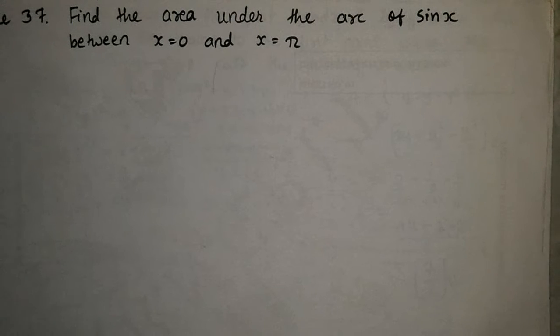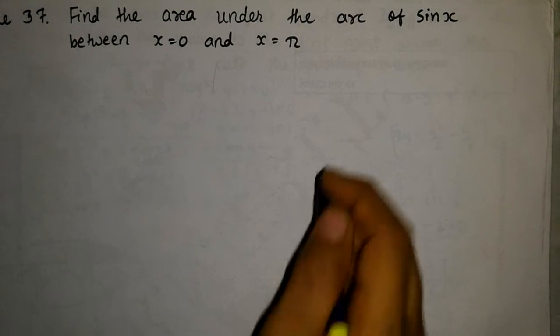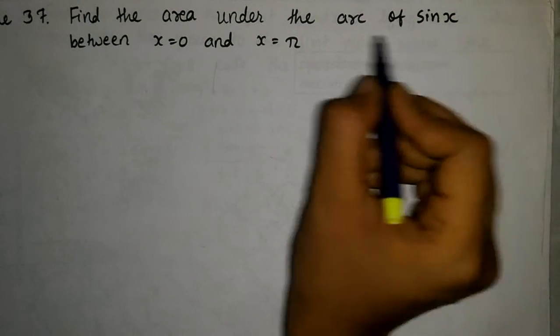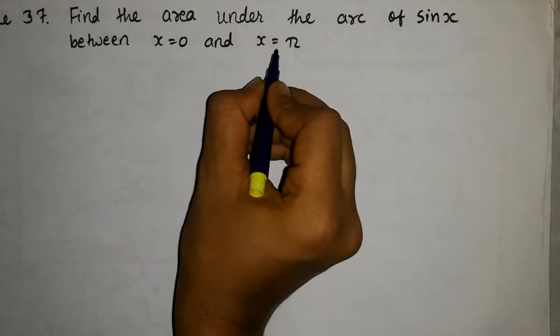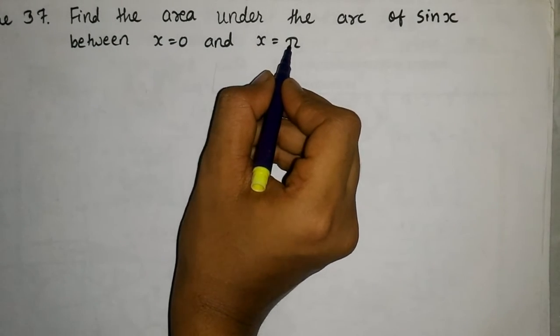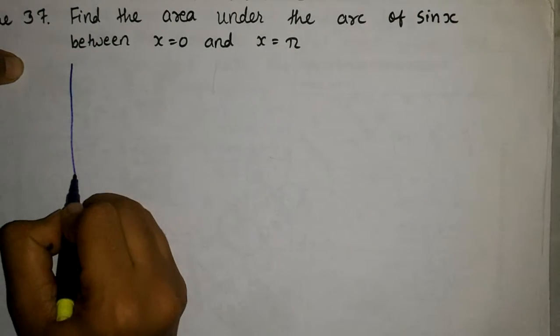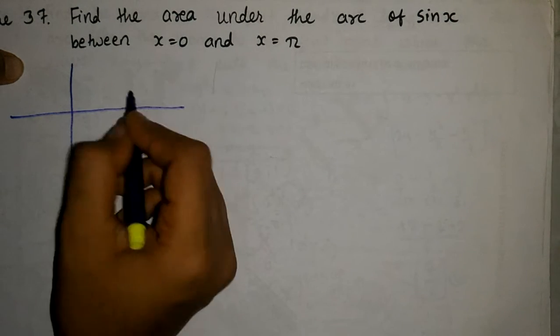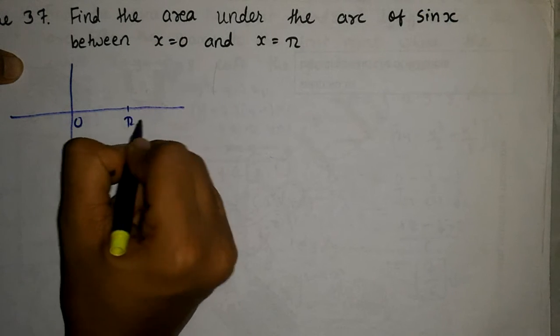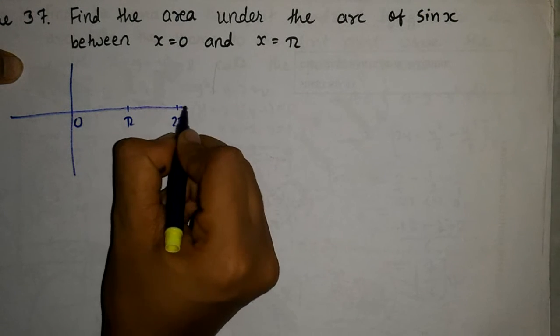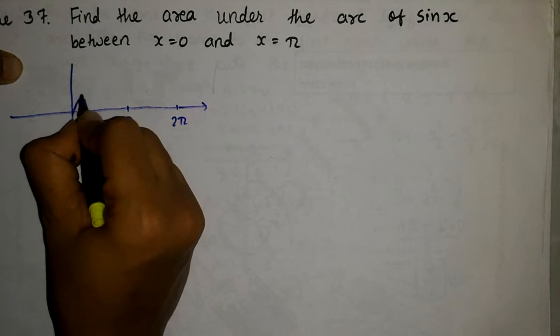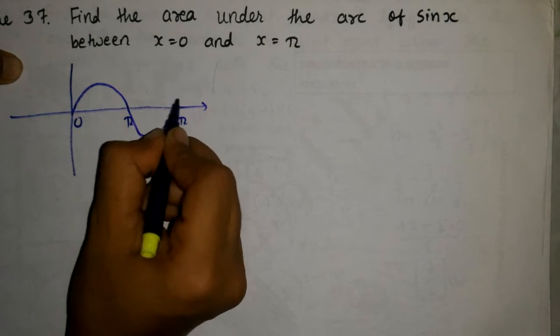So here we have to find the area under the curve y is equal to sin x between x is equal to 0 and x is equal to pi. So let's first draw the graph of sin x. It's 0 to 2 pi. So its graph is like this.